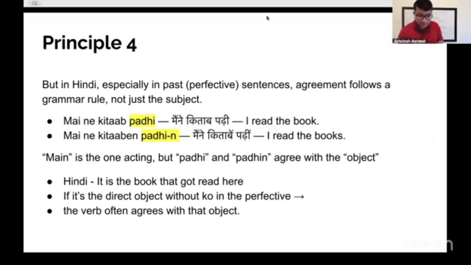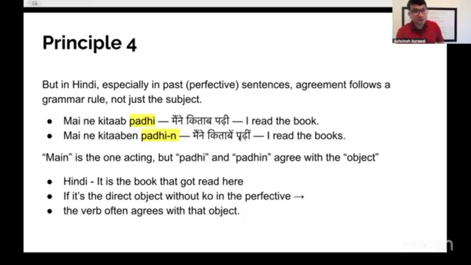When you learn the past tense in Hindi, especially with transitive verbs, take I read the book and I read the books in English. In Hindi, you will say, मैंने किताब पढ़ी versus मैंने किताबें पढ़ी.